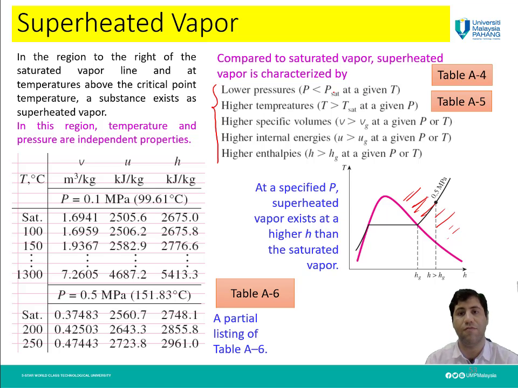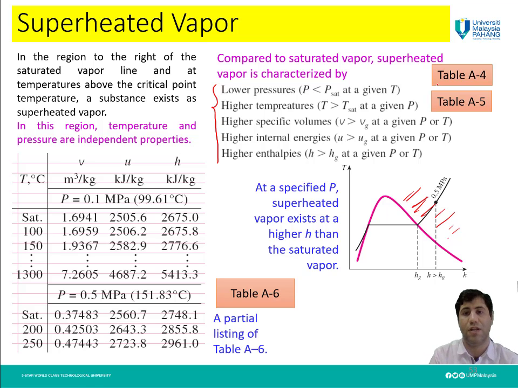And where can we find this saturation pressure at each temperature? Anytime we want to understand the region or state of a substance, we need to check table A4 or even table A5, according to the information we get from the question.